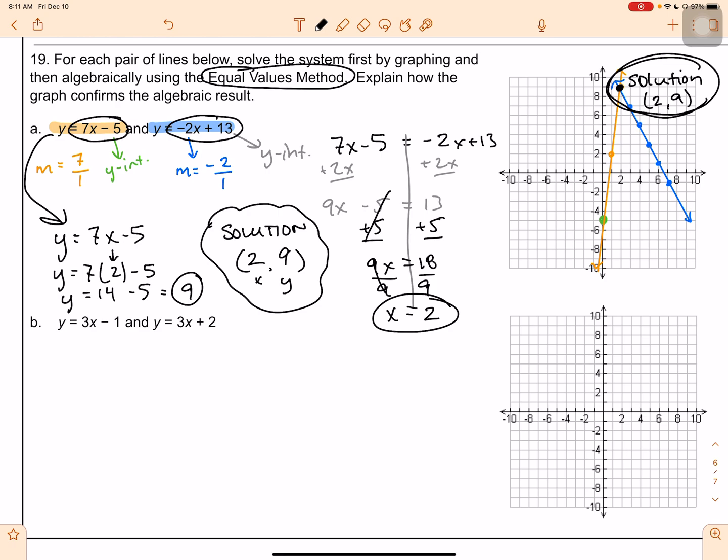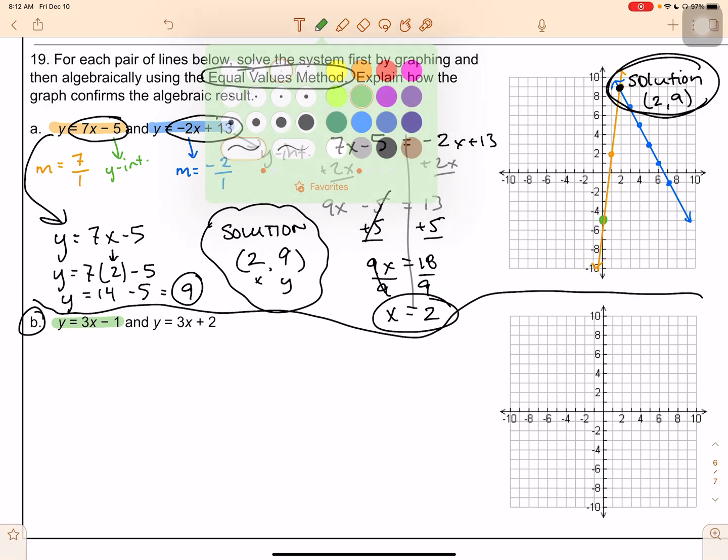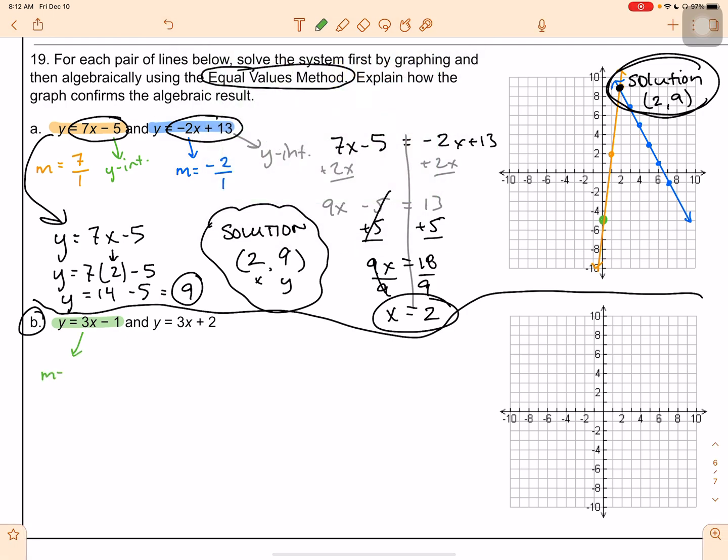Okay? Now, I recommend you guys try this one on your own for part B, but I'll do it really quickly. So again, here I have this line, y equals 3x minus 1. So that means that my slope is 3 over 1, and my y-intercept is negative 1.